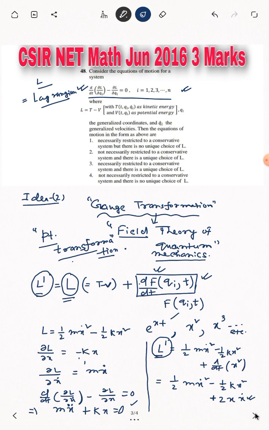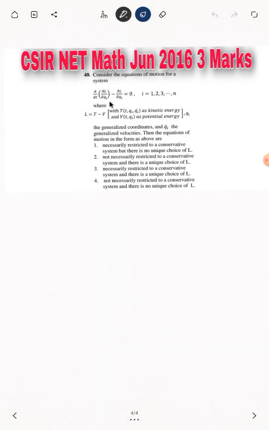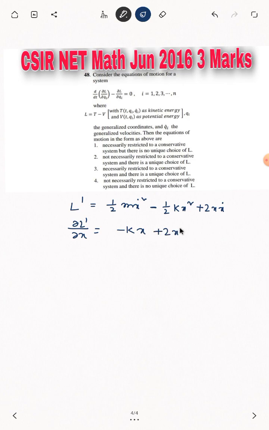Now let us see what happens. Just put in the left hand side that quantity L dash. So what is our L dash? L dash equal to half m x dot square minus half k x square, then that additional term, that is 2x x dot. Now let us form del L dash by del x. That will be minus kx plus 2x dot.